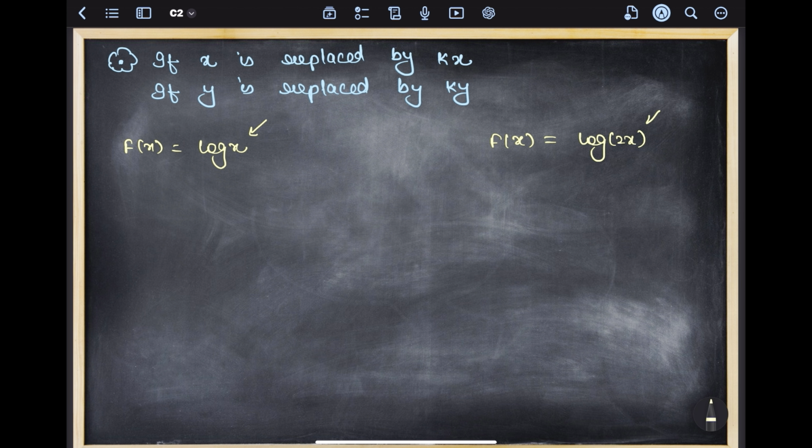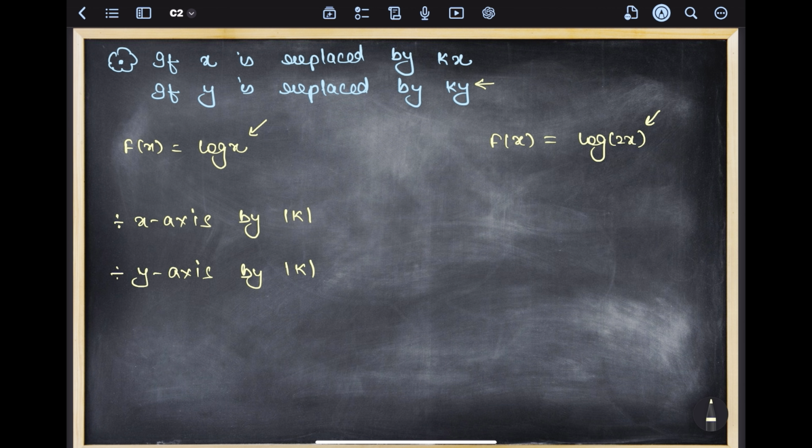Now to create 0, we have to take x as 1 by 2. Okay, so if you are handling this case where you are replacing x with kx, then according to me you have to divide the x-axis by mod k. If you are replacing y with ky, you have to divide the y-axis by mod k.